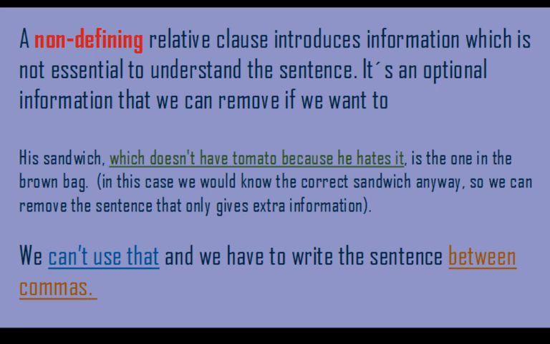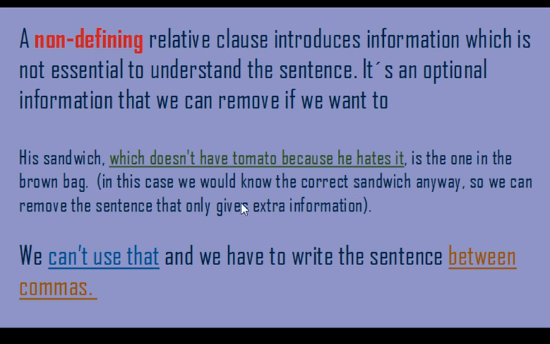So we have the sandwich example again. His sandwich, which doesn't have tomato because he hates it, is the one in the brown bag. Okay, so here the important bit is that his sandwich is in the brown bag, and with that we will be able to understand the whole sentence. But the speaker has decided to add this extra information, which doesn't have tomato in it because he hates it.